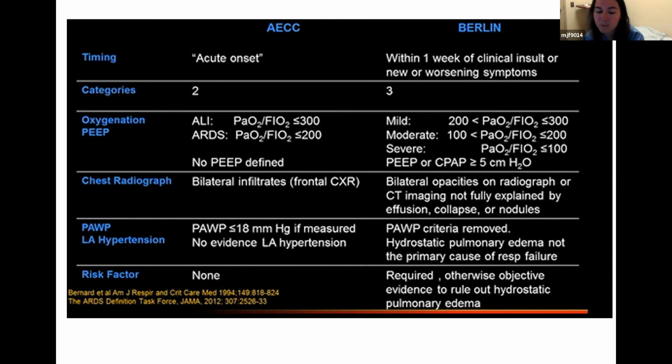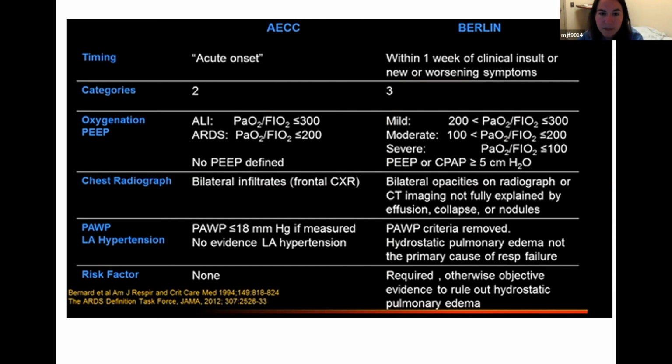It was more specific, and it defined what acute actually meant, so within 1 week of the clinical insult. And it also added that in order for patients to be diagnosed with ARDS, they should be ventilated to a PEEP of at least 5. This wasn't specified in the AECC definition, and it's in order to exclude patients in whom atelectasis could be the driver of their poor P to F ratio and their infiltrates.